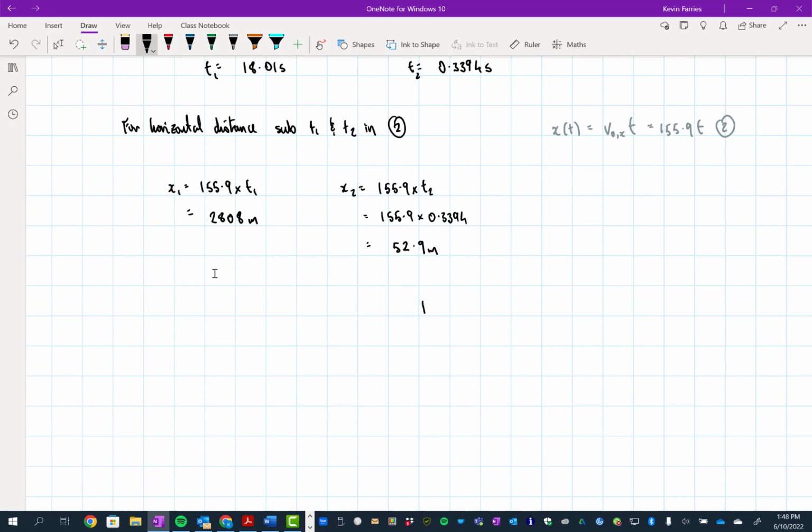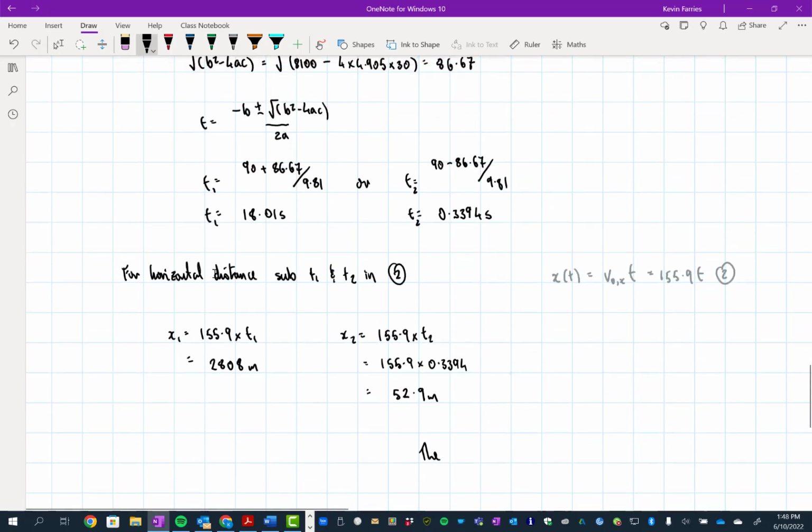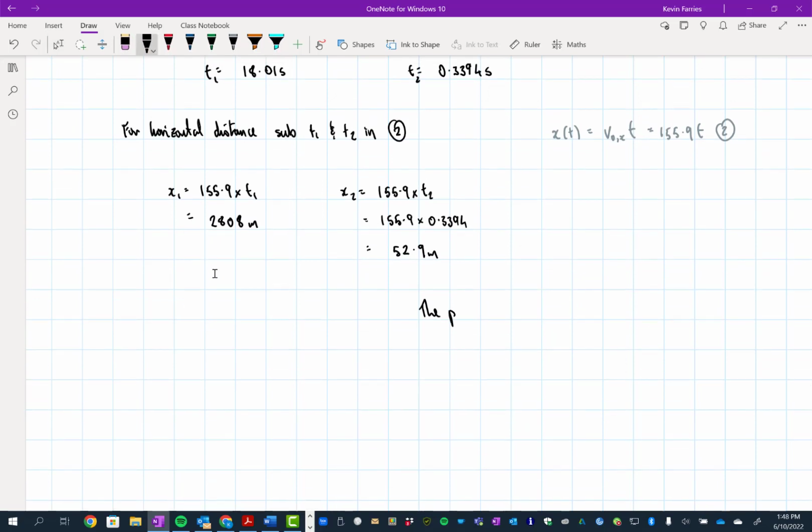Then just write out our answer. The projectile is at a height of 180 meters for horizontal displacements of 52.9 meters and 2808 meters.